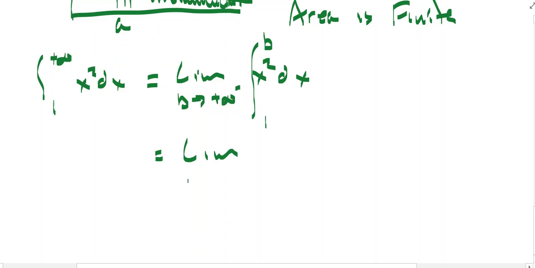It's going to be important to, again, use proper notation, and it's very tedious, but write the notation properly. Well, we can now integrate this, so this becomes 1/3 x cubed, and we're integrating that from 1 to b.